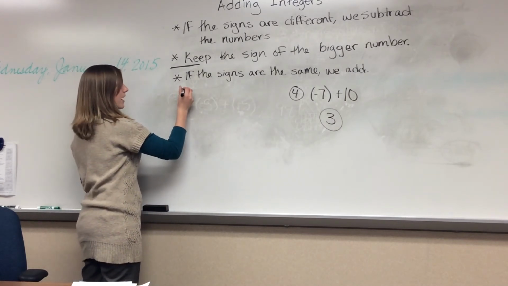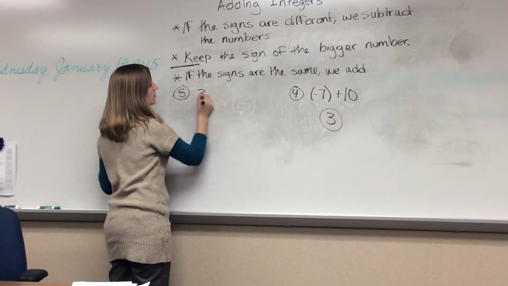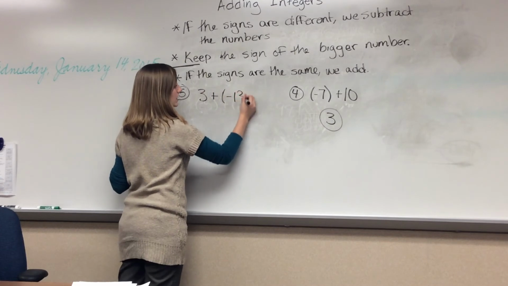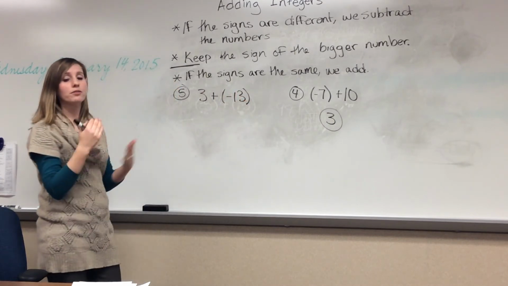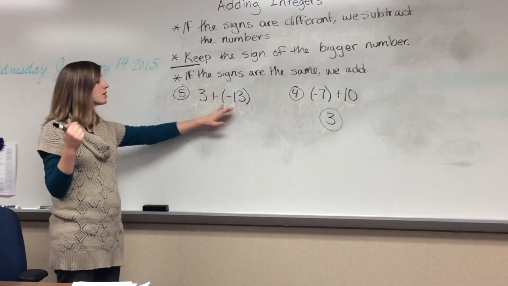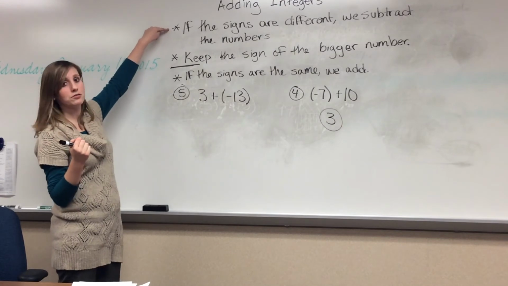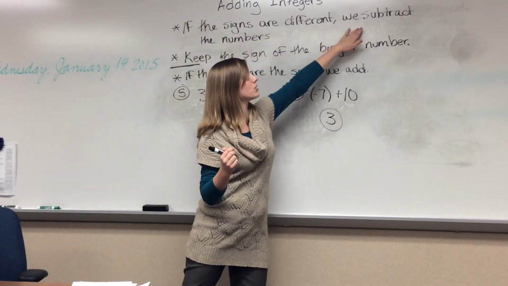Let's take a look at number 5. For number 5, we have 3 plus -13. All right, go through the same steps. +3, -13. Those are different signs, so that means we follow the first rule. The signs are different, subtract.